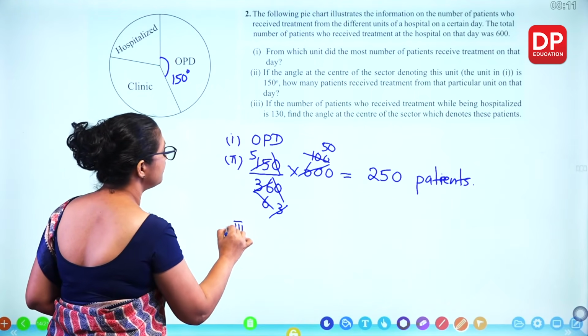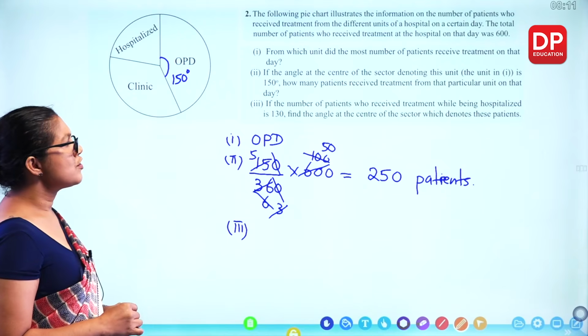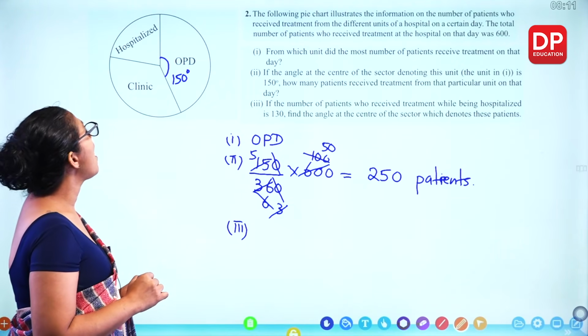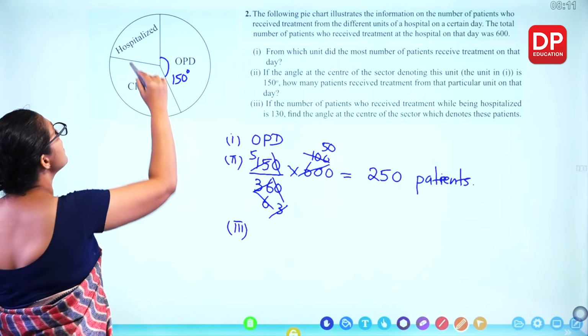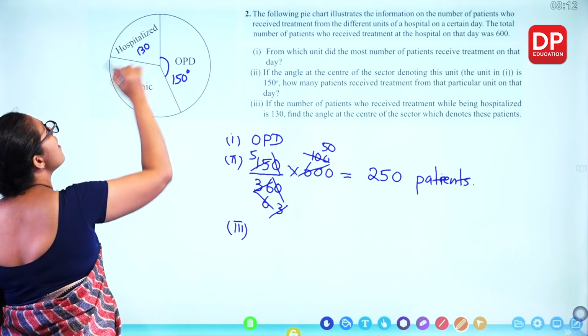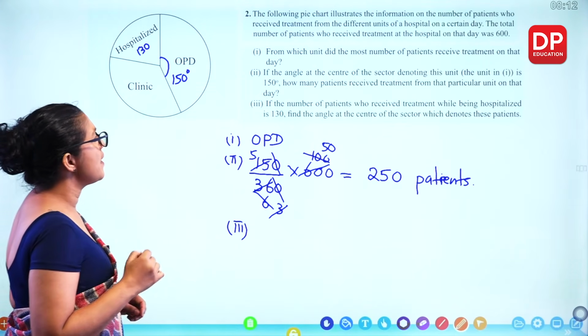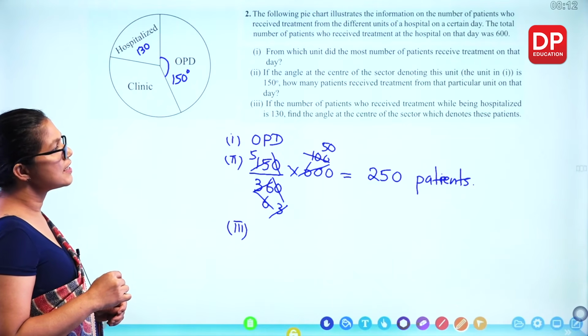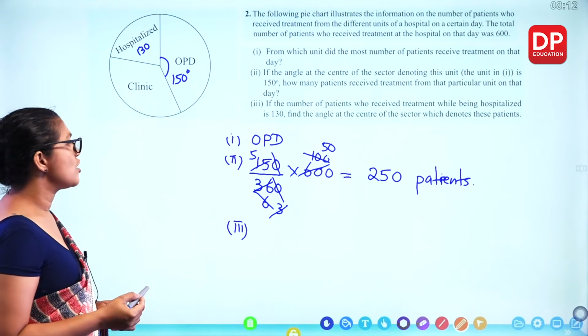Third one, if the number of patients who receive treatment while being hospitalized is 130. So here it's given there are 130 patients hospitalized. Find the angle at the center of the sector which denotes these patients.